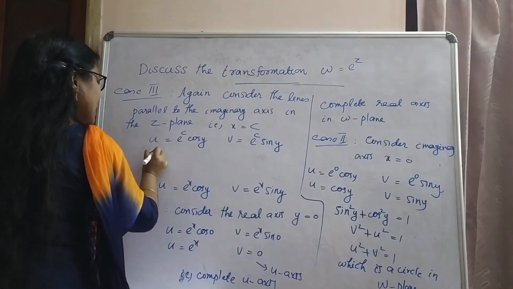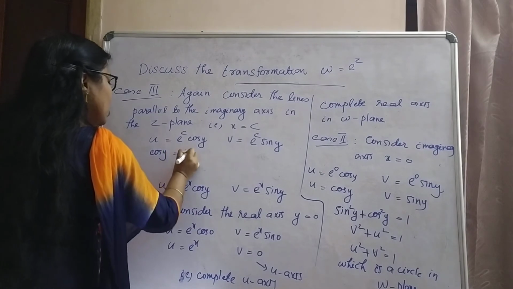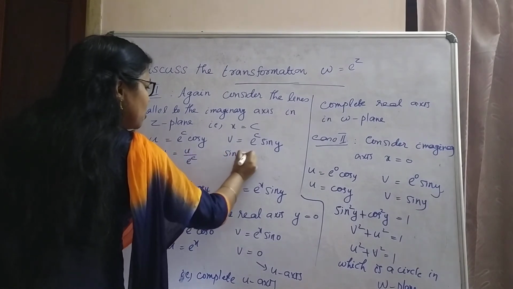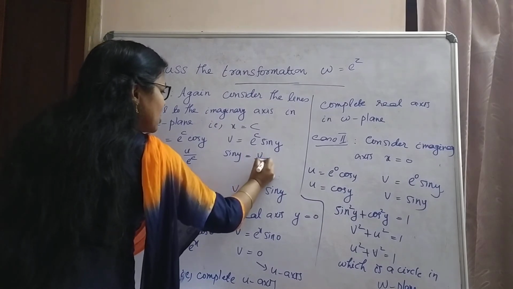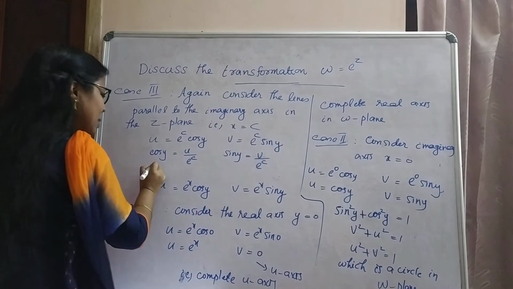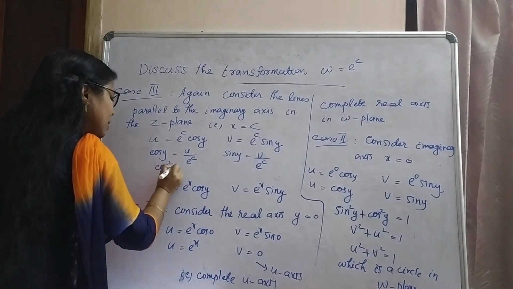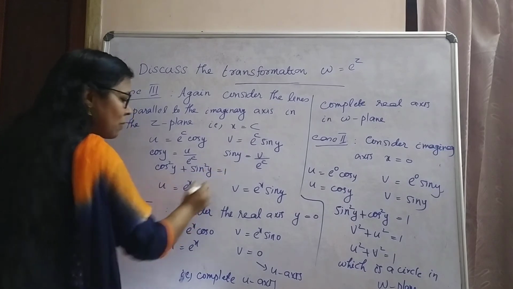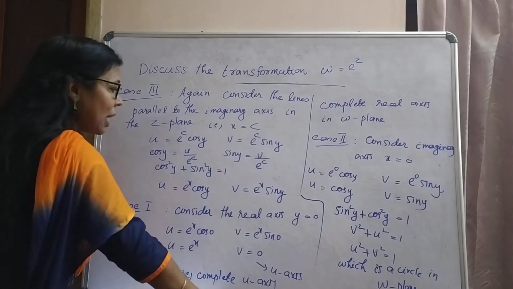Here cos y equal to u by e raised to c, sin y equal to v by e raised to c. We know that cos square y plus sin square y equal to 1, which is an identity we already know.